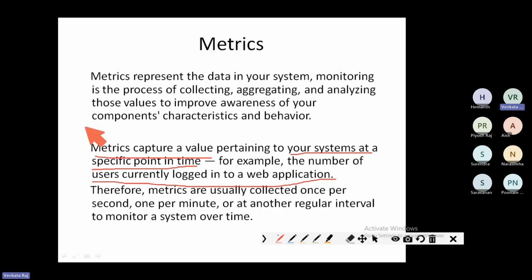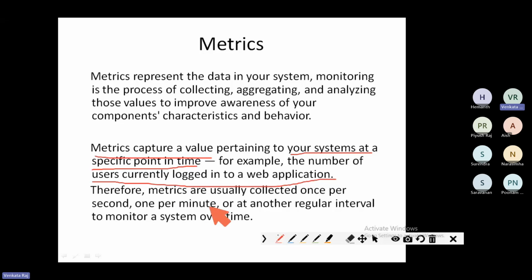Right? So metrics will be gathered at different frequency levels, right? And normally from organization to organization, from team to team, they have their different frequency set.